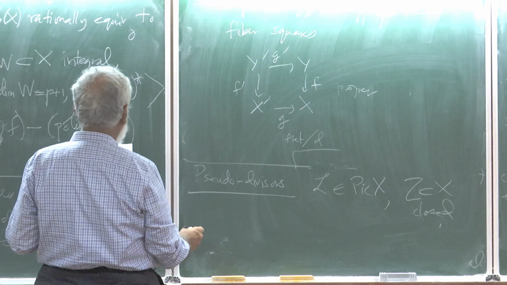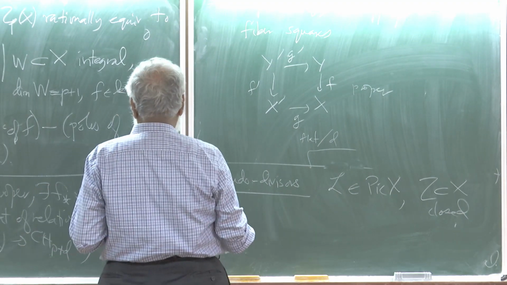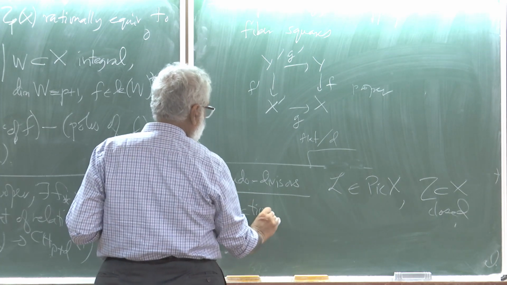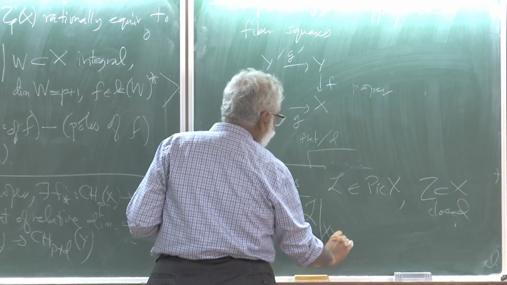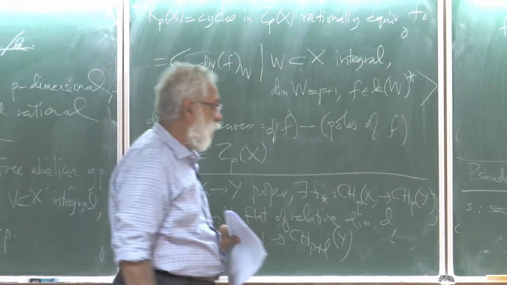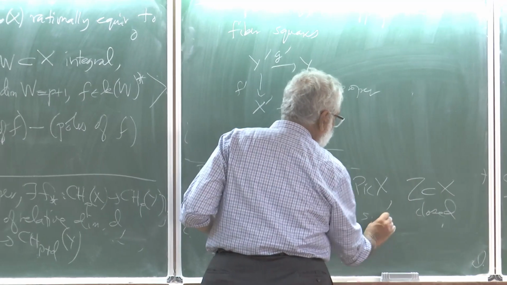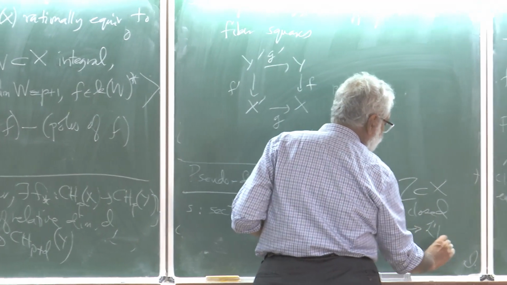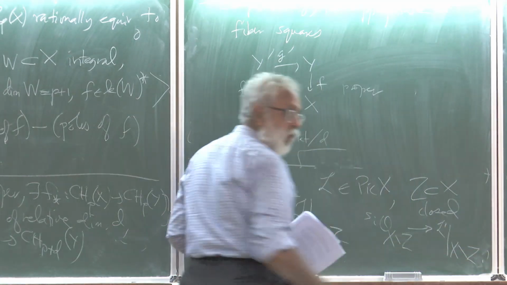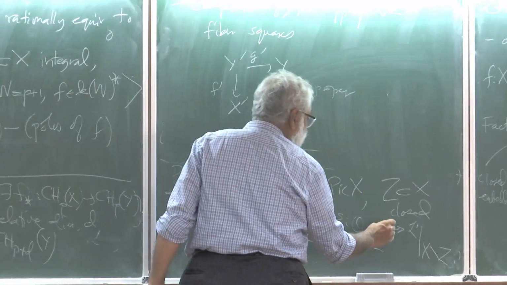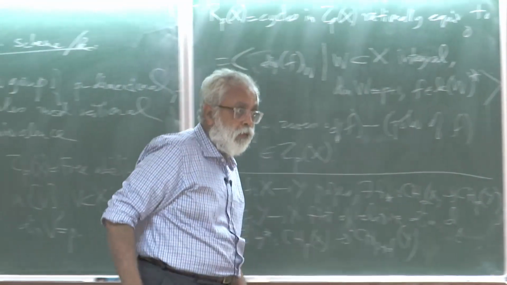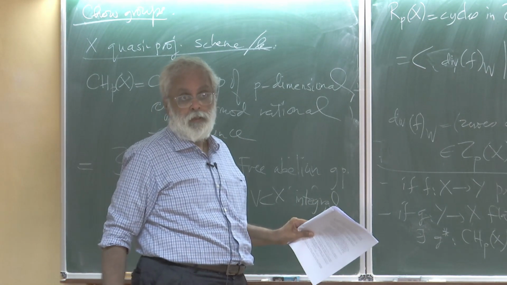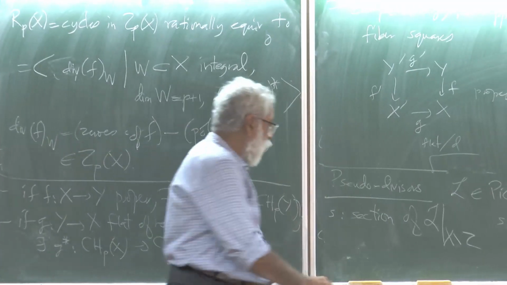And then you have S, a section of L restricted to the open subscheme X minus Z. So S gives me a map from the structure sheaf, the sheaf of functions on X minus Z, to L restricted to X minus Z. Exactly. So part of the data is that this is an isomorphism. So this section trivializes the restriction of L to X minus Z.